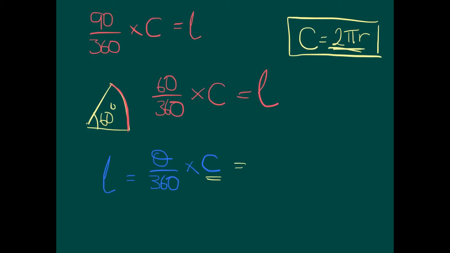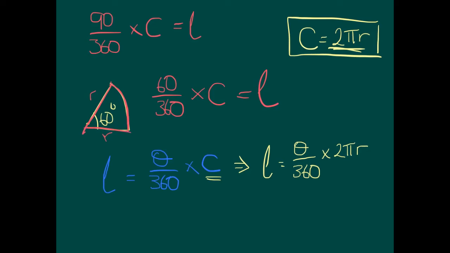So arc length L is theta over 360 times 2 pi r. The reason is that we're not always given the circumference of our circle. A lot of the time we're given the sector, and within the sector we have these two lengths for the radius.